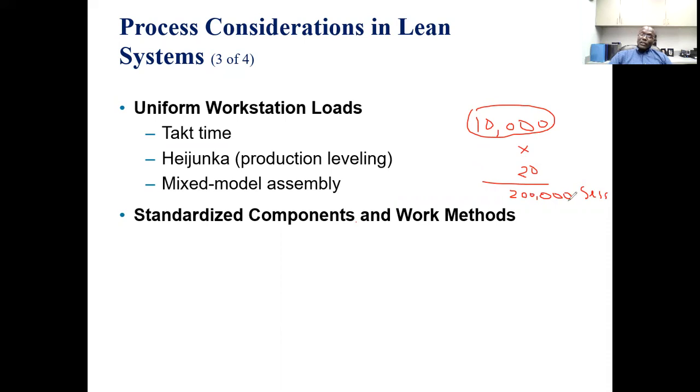And takt time is usually compared to what we call cycle time. Okay, takt time versus cycle time. Takt time is how much time we need to process product. Cycle time is how much time does our current system actually take to manufacture product. Okay, so our takt time here is 200,000 seconds to make all that product that's needed within a given day.